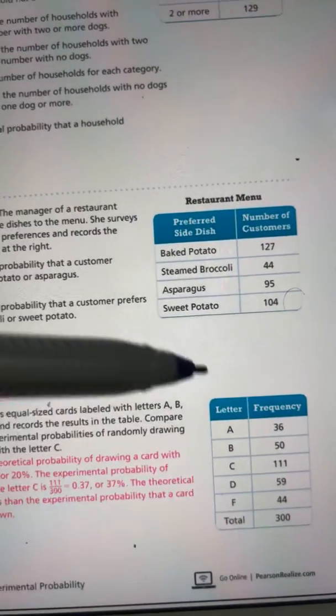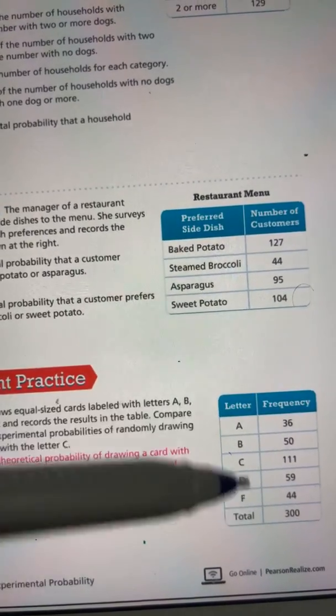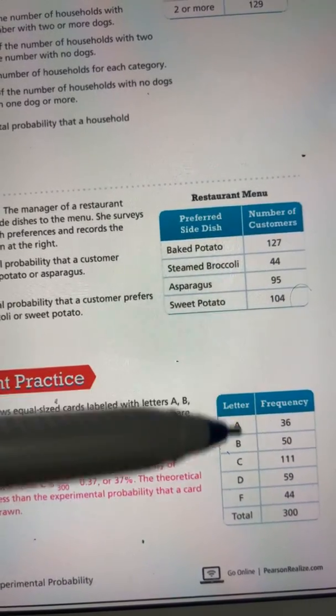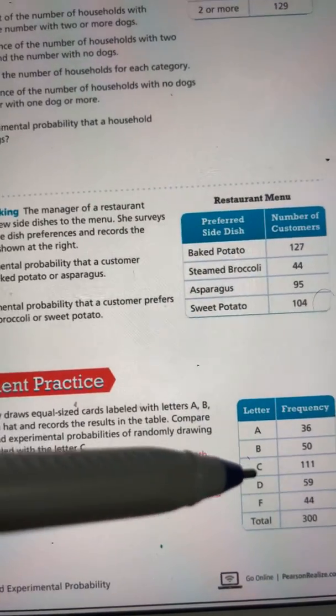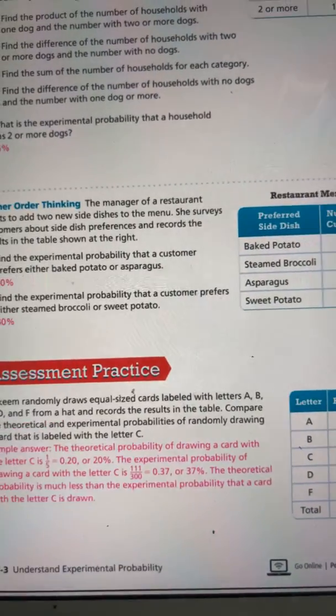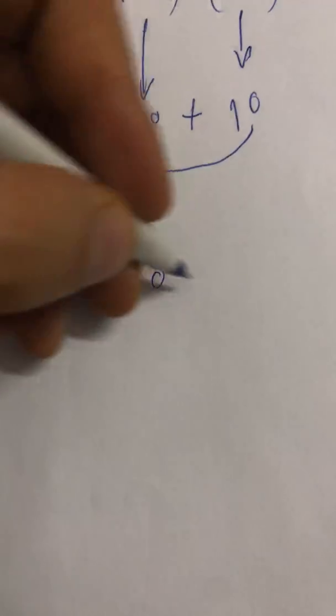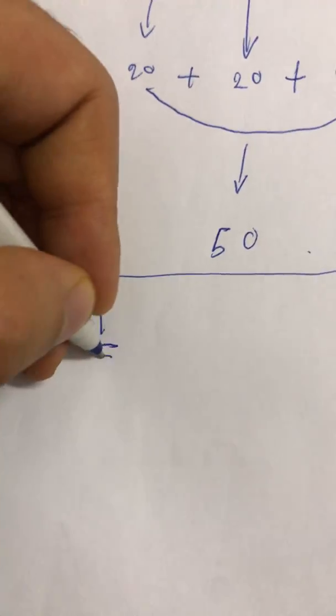So we deduce here that C is one letter from 5 letters. We have 5 letters from A to F. And we choose only the letter C. So the theoretical probability for the letter C is, I can write it, 1 over 5.